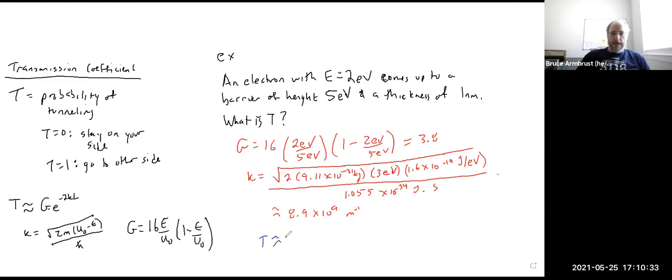So T is going to be approximately equal to 3.8 times e to the minus 2 times 8.9 times 10 to the 9th times L. And so we are going with 1 nanometer. So that's going to be 1 times 10 to the minus 9 meters. So again, notice the units cancel and we get dimensionless. But this is around 7.1 times 10 to the minus 8.